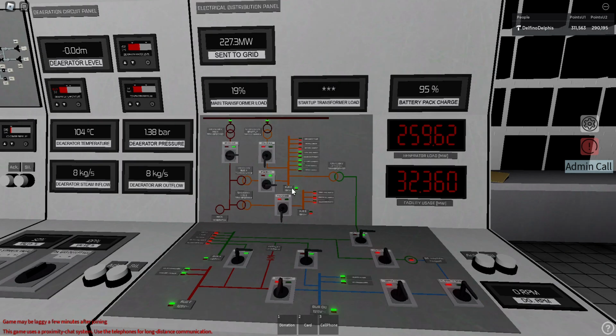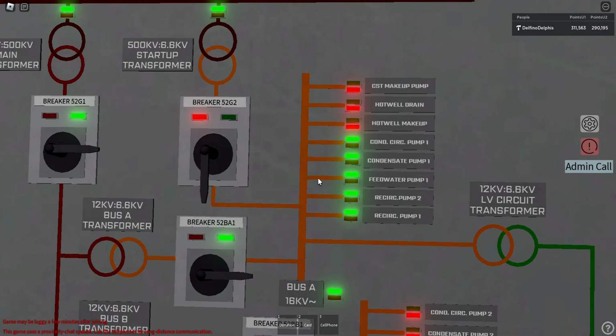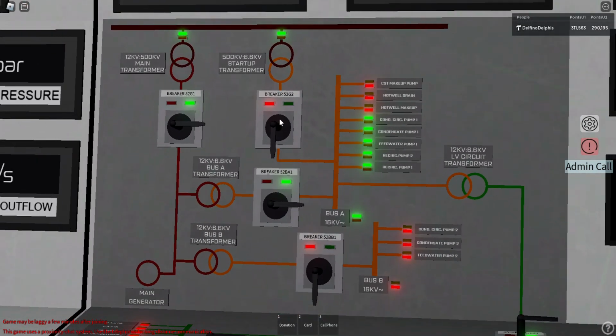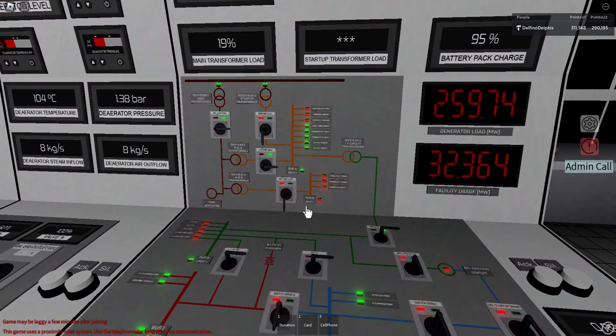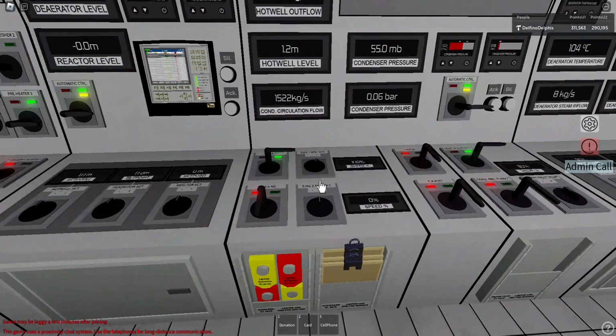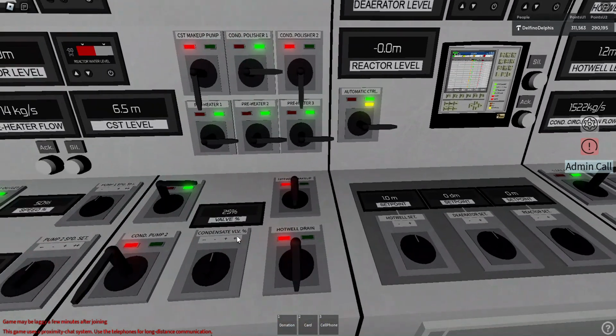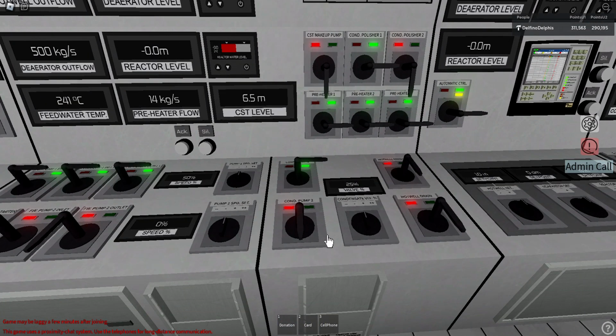Okay. And now I am disconnected from the startup transformer. Now I'm powering bus A with my own energy, and I can also power up the bus B. And now these pumps will no longer blink. Oh, sorry. It's no longer blinking.